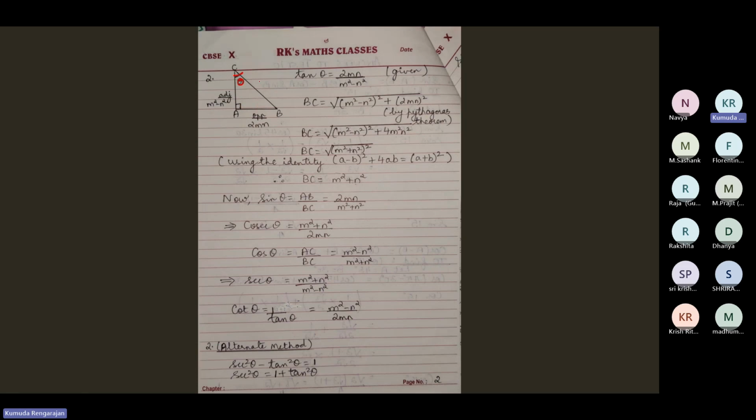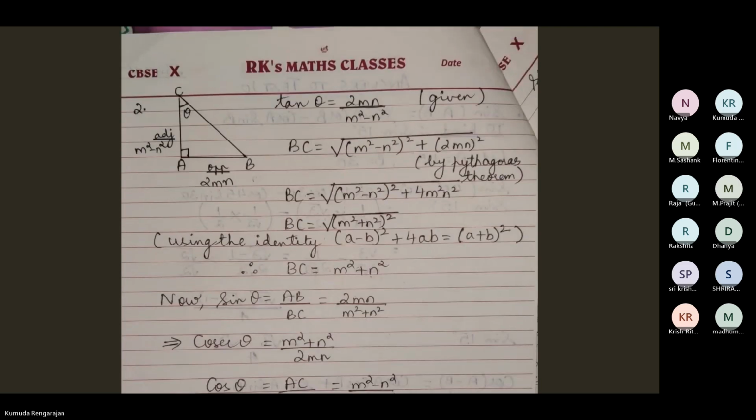This one is theta. Now we are given tan theta is equal to 2mn by m square minus n square. We know that tan theta is opposite side by adjacent side. So this is theta, opposite side 2mn, adjacent side m square minus n square.